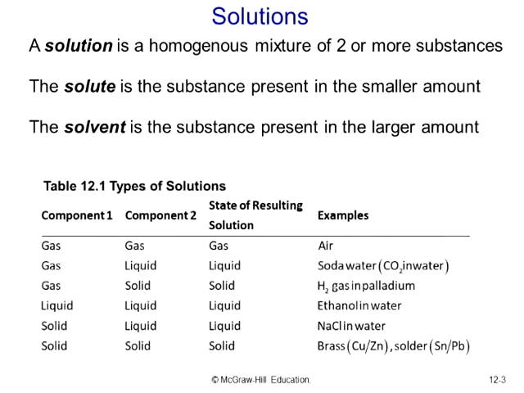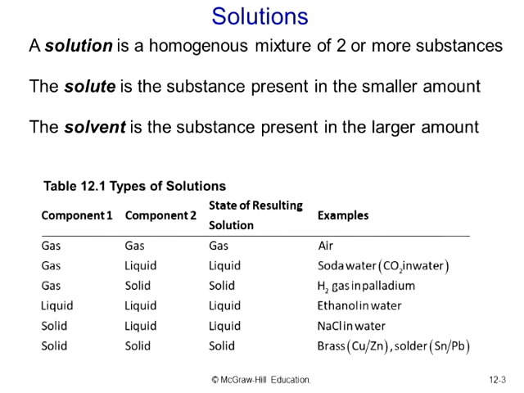The part that is present in the larger quantity, in which the component is dissolved, is the solvent. So the largest part is the solvent, the smallest part is the solute. That's the key. So we have a solution made up of a solute and a solvent.